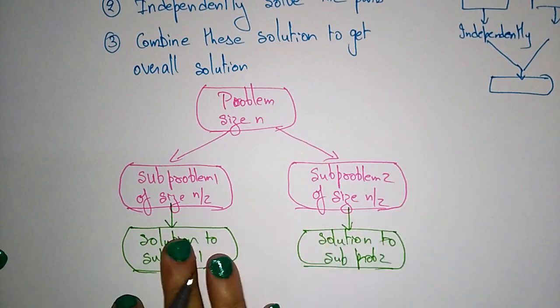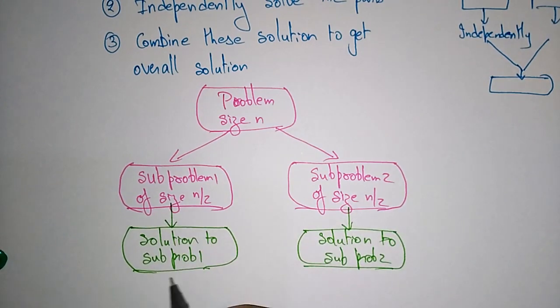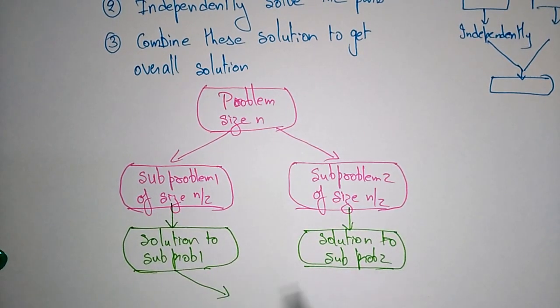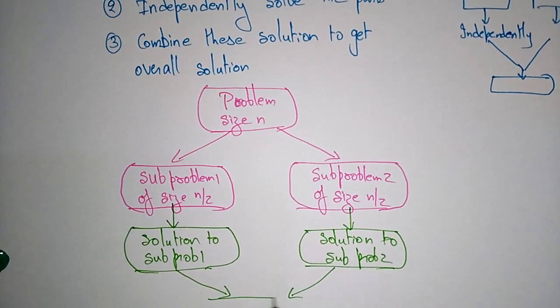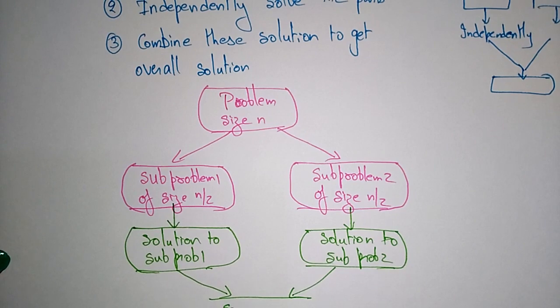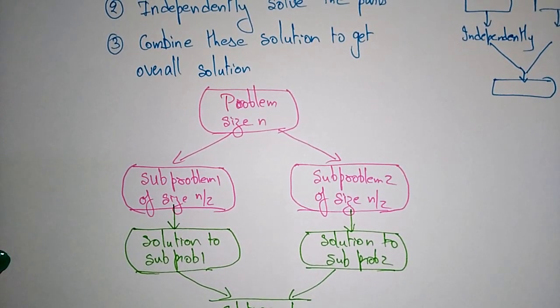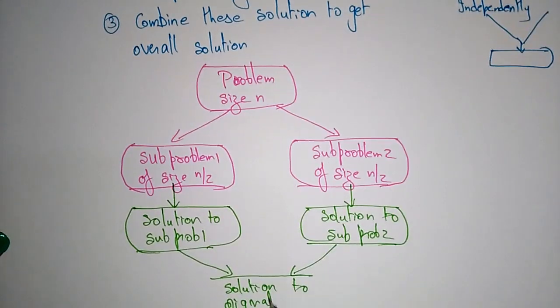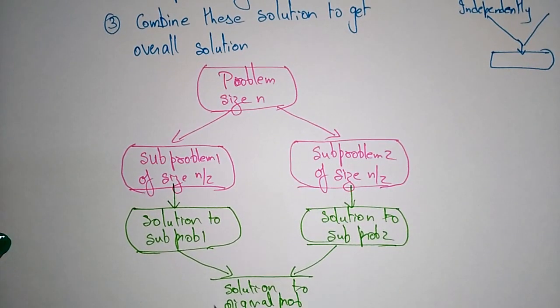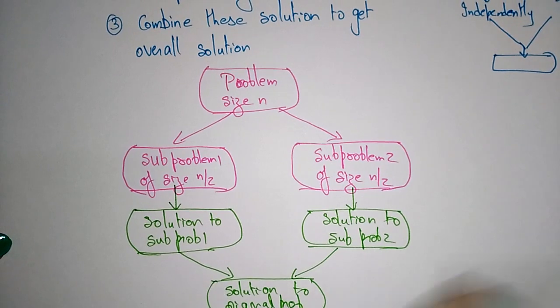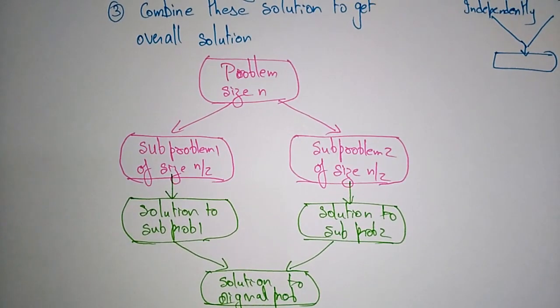So I get the solutions to the subparts. Now combine all the solutions and get the overall solution. So this is the solution to the original problem.